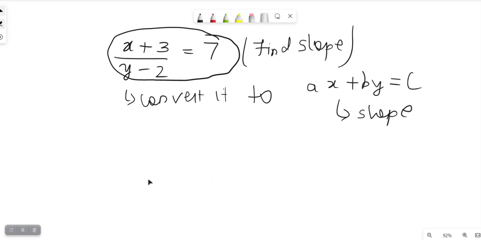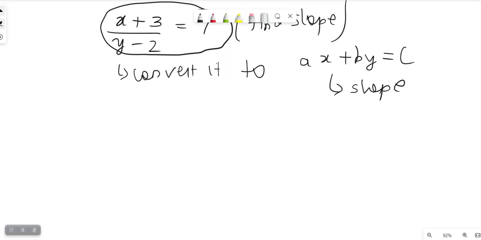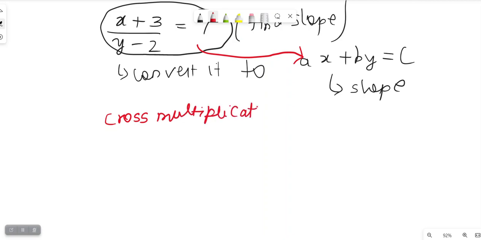Now, to convert this equation into the following form, we use the technique of cross multiplication. In cross multiplication, we take this thing to that side.